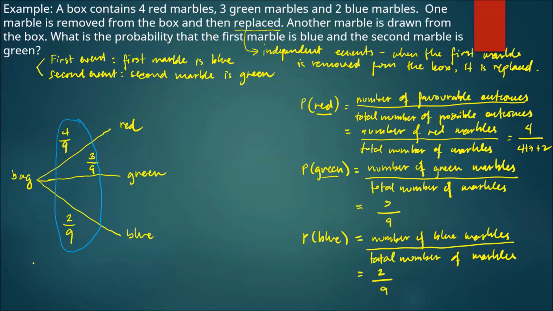So we add 4 over 9 plus 3 over 9 plus 2 over 9, which is equal to 9 over 9 or equal to 1. So when doing a tree diagram, always remember that the sum of the probabilities in the joint branches should add up to 1.